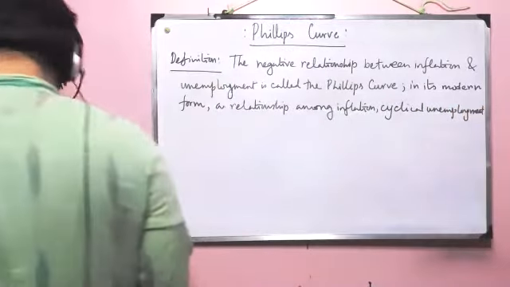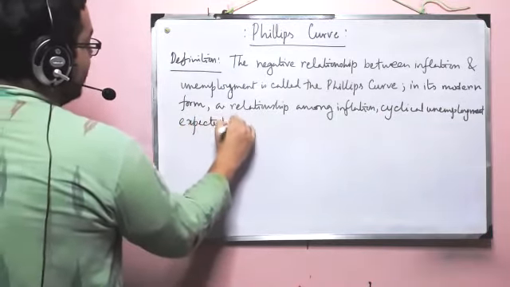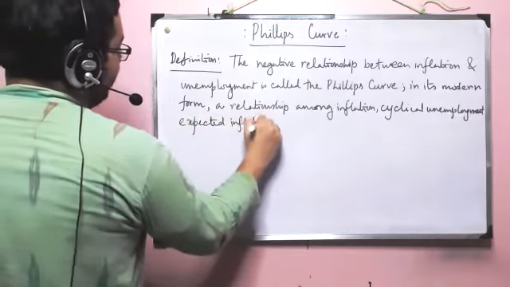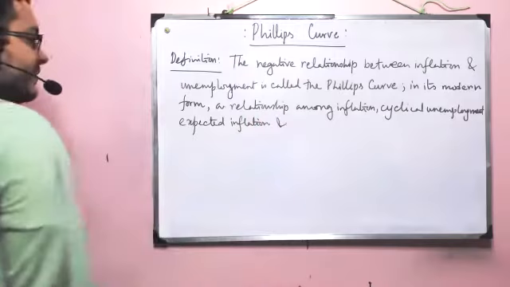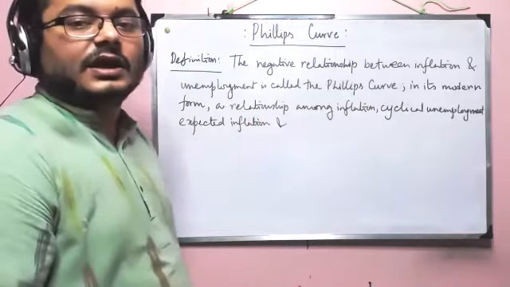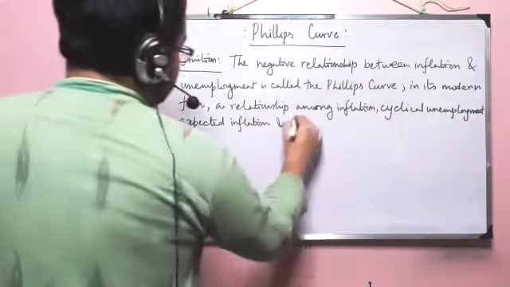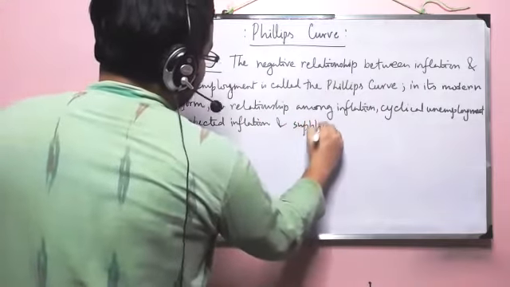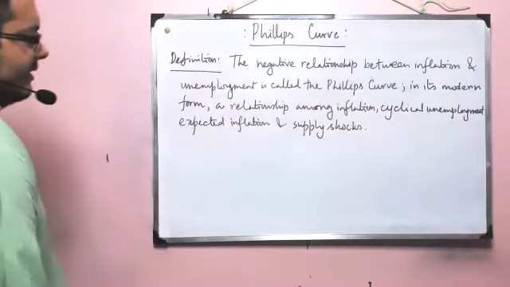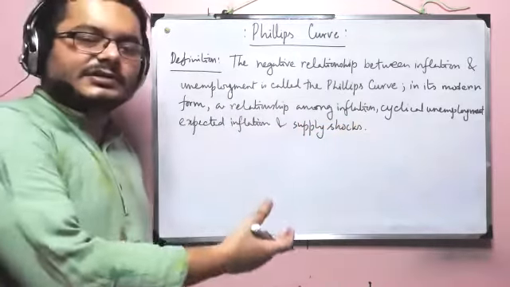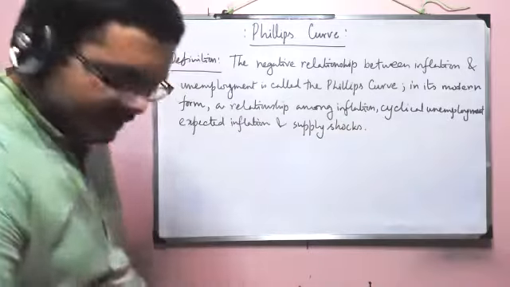Then expected inflation. So you can guess where it is coming from. And there is a third one, which behaves more like the error that we have in any statistical model. So that is supply shock. So this supply shock's treatment is the same as the error term that we take in statistical modeling.